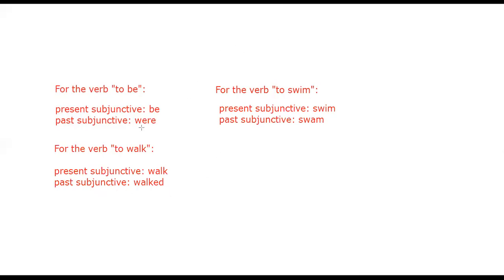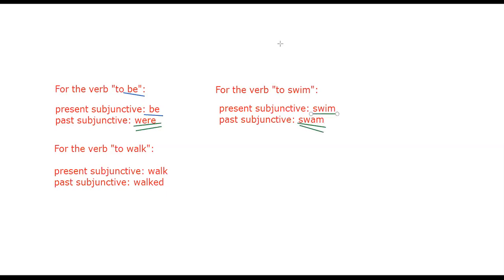But anyway, not to make it so confusing, think about it like this. Present subjunctive uses the bare infinitive. Past subjunctive, it's the same as the past indicative in every case except were. So were is just a special case, but every other verb is going to be the same as the indicative.